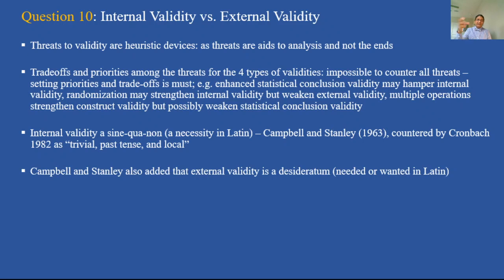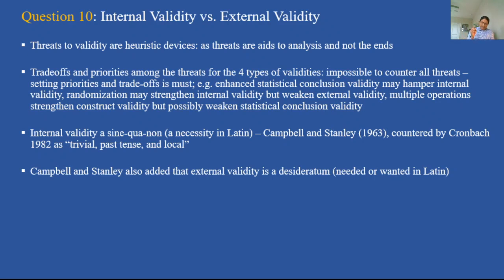So they are not ends in themselves, they are means to the ends, as described by the Oxford Reference Directory. The threats help researchers choose priorities and make trade-offs in a study to align the study operations with the main objective, and that's why they are called heuristic devices.